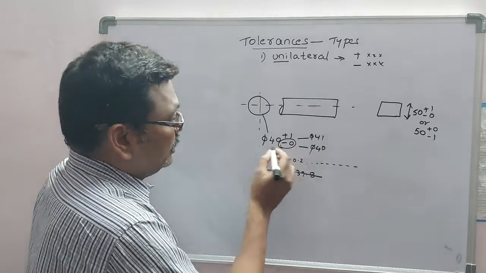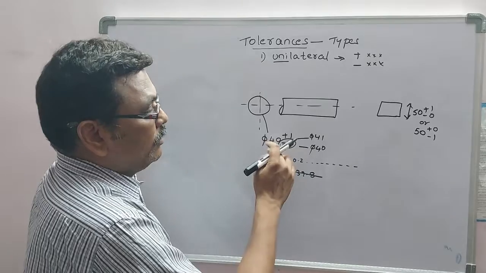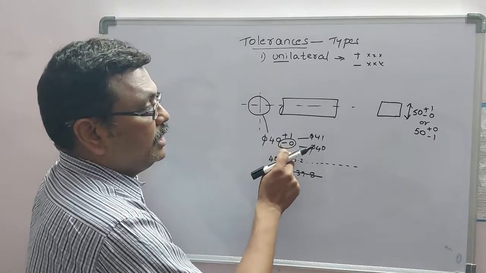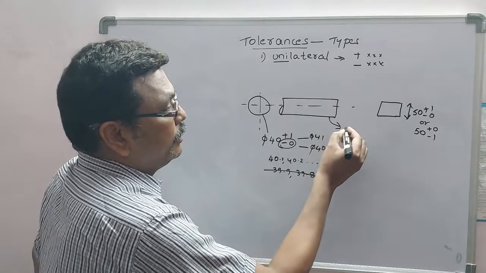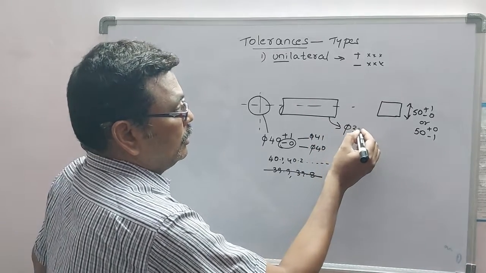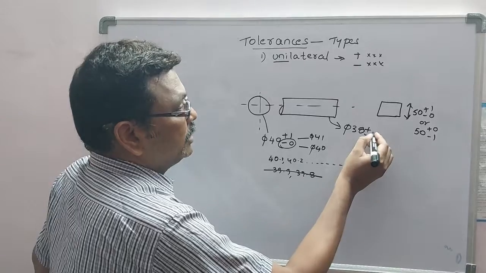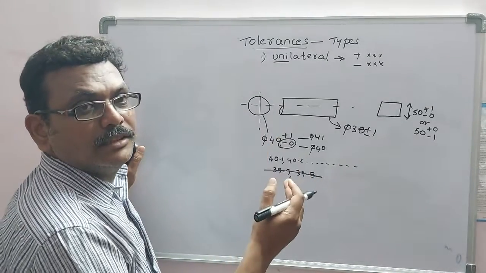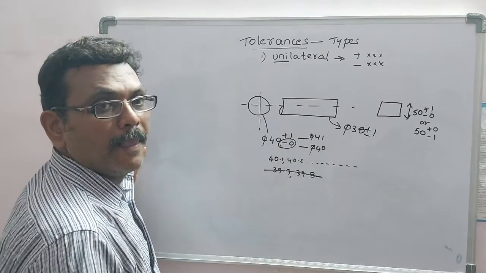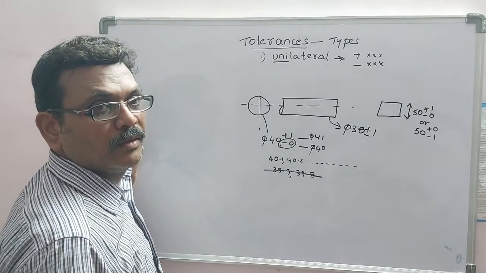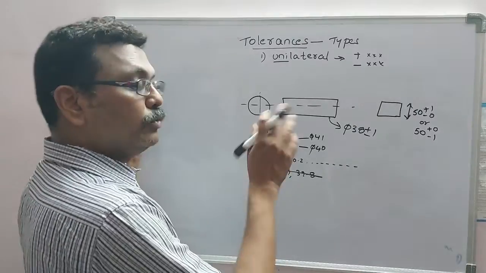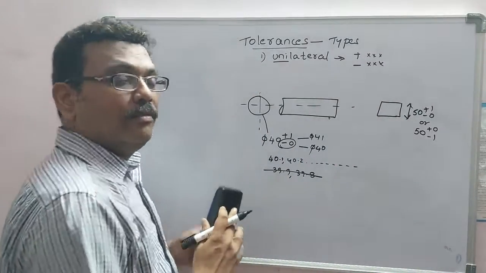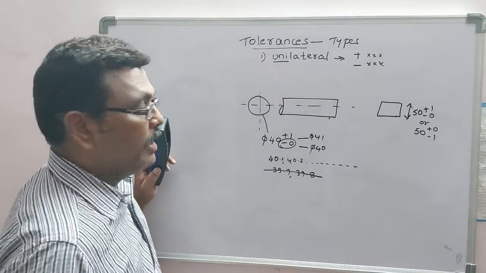Similarly, if I give as I wish, suppose I give 40 plus 1 minus 0 here, and for the shaft I give 38 plus or minus 1, then in the worst case condition the part is going to fail. So we have to be careful while deciding whether it is unilateral or bilateral.